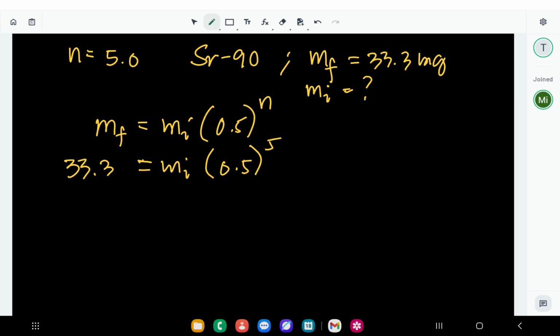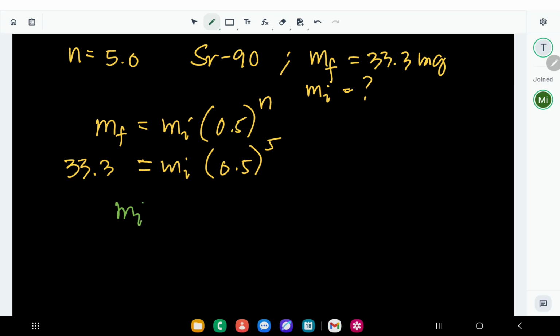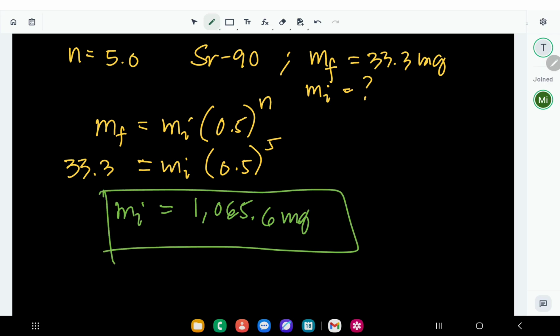I got 1,000. The initial mass is 1,065.6 milligrams. How did you get 1.1 milligram? It should be 1,065.6 milligrams. So that is the original sample of strontium-90.